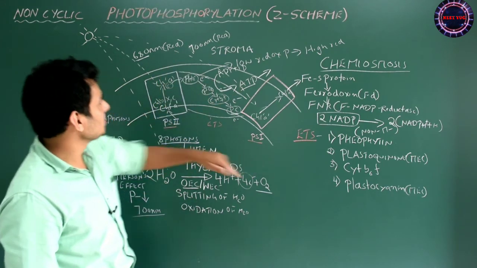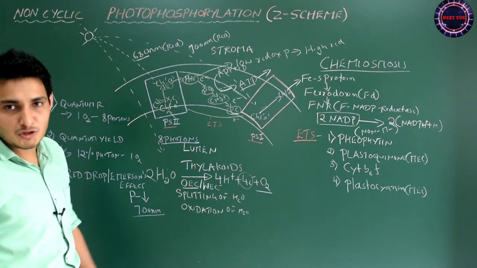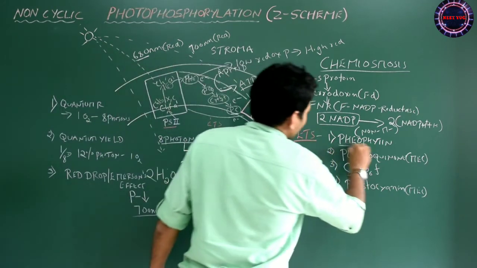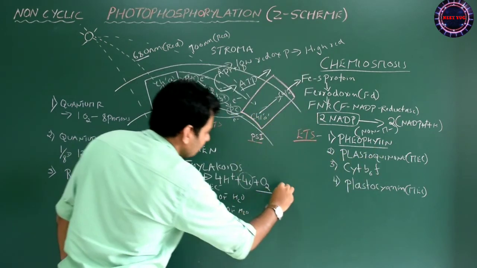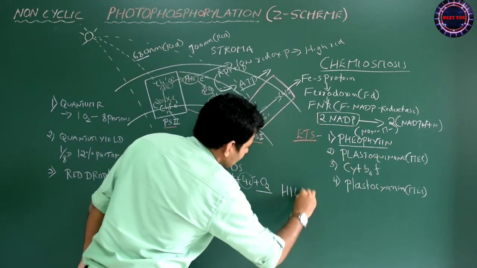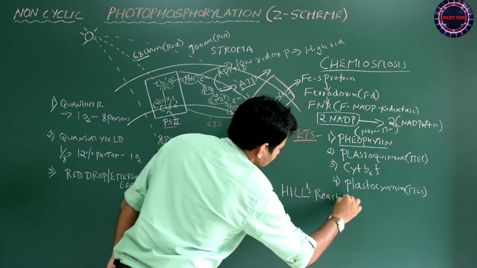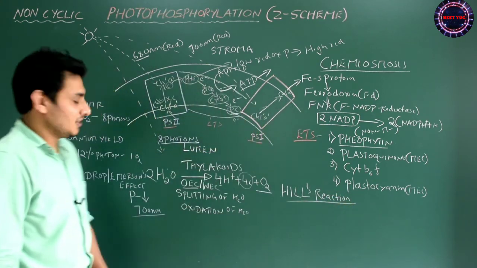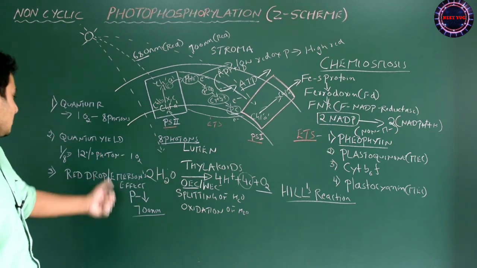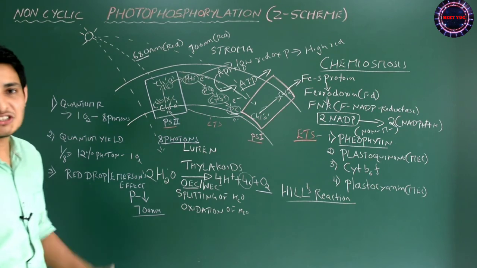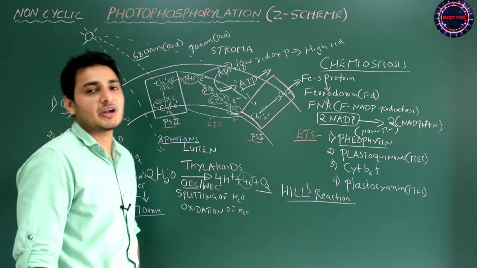So we understood this is all about non-cyclic photophosphorylation. Very important, it was observed by Hill, so we can also write this reaction as Hill's reaction. Note this point. See how many names it has got: red drop, Emerson's effect, quantum yield, Hill's reaction, non-cyclic photophosphorylation, Z scheme of photophosphorylation or electron transport system.